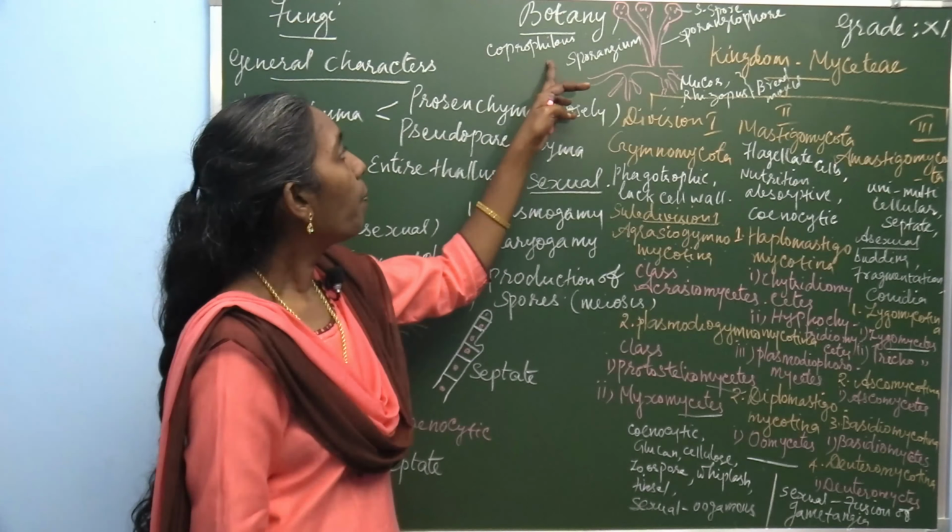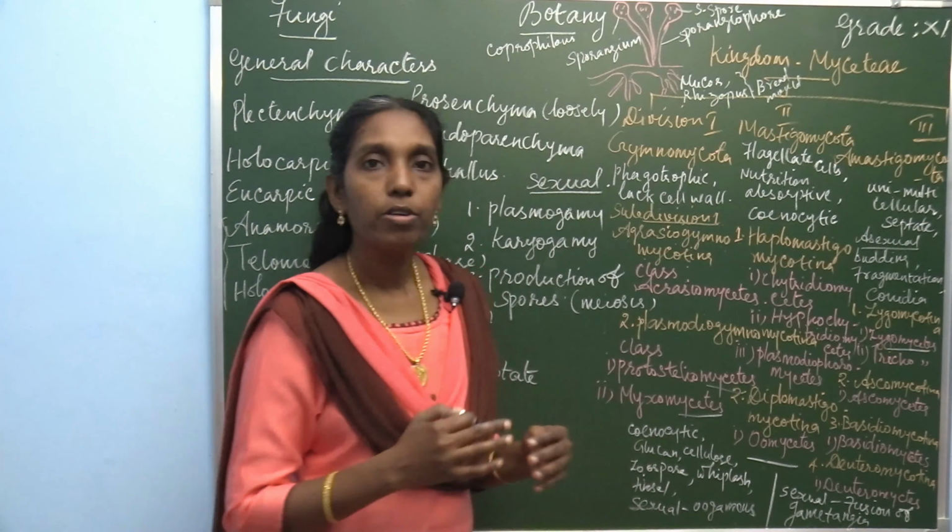Example Mucor and Rhizopus. The thallus produces rhizoids, and asexually it produces spores. The spores are produced inside the sporangia. This is the structure called the sporangium. Inside the sporangium a number of sporangiospores are developed, and the hyphae which grow erect are called sporangiophores.